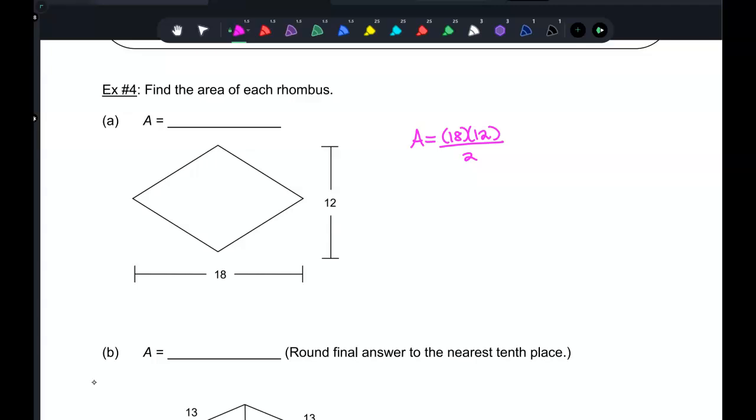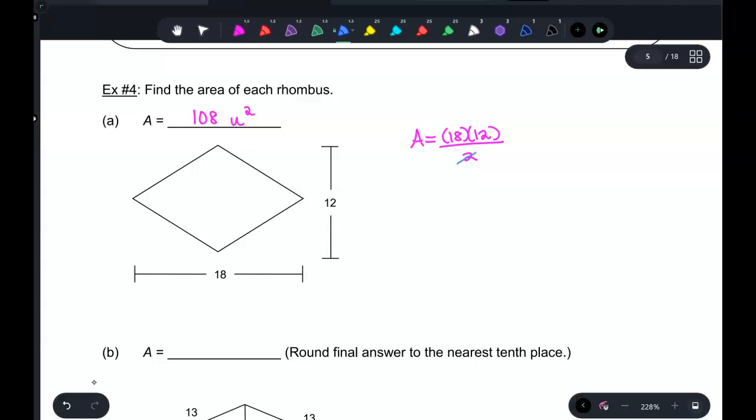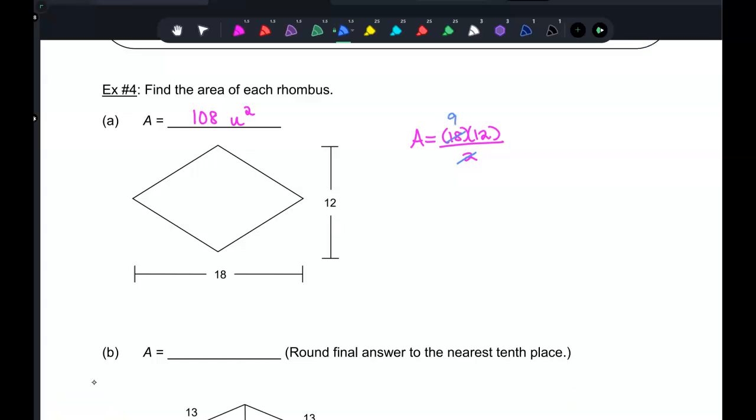It's fun. Okay, what do we get? 54. 108. How'd you get 54? I do 2 goes into 18 9 times 12. Could you multiply and make that 216 divided by 2?